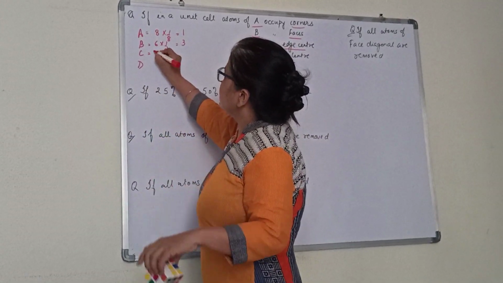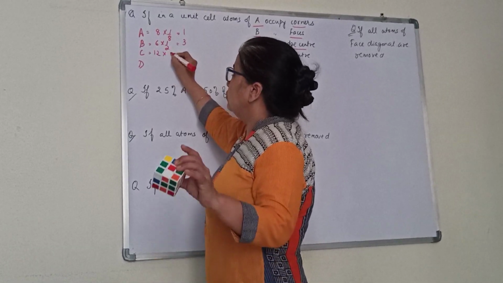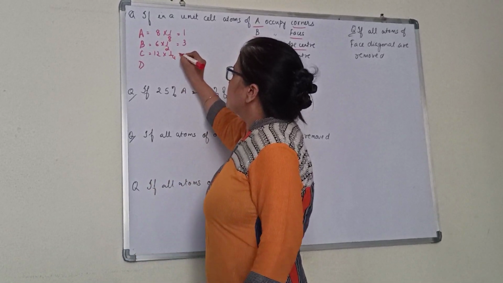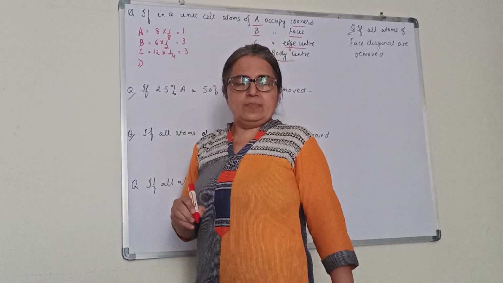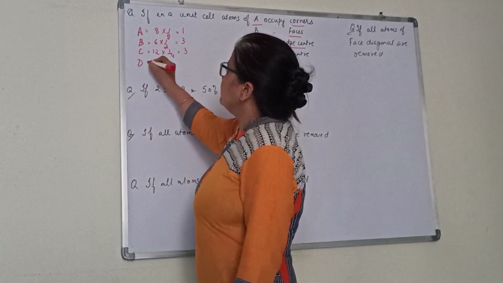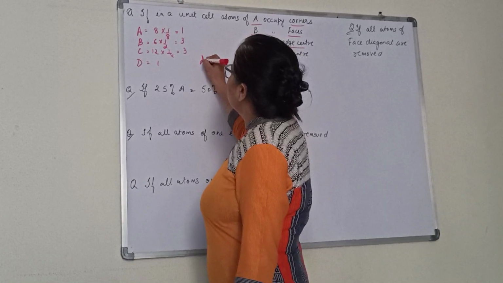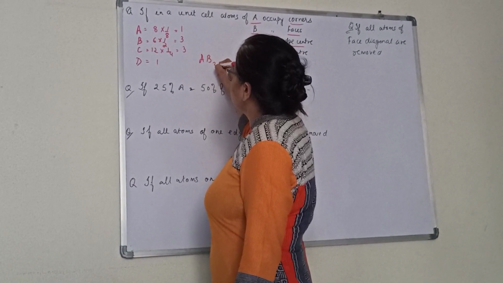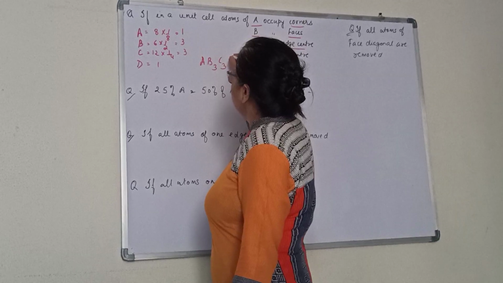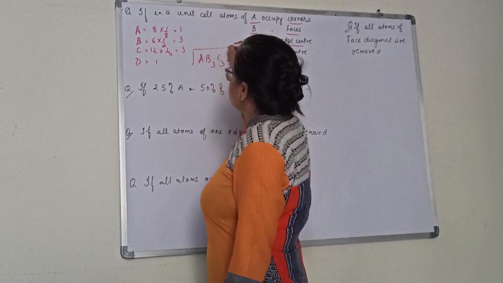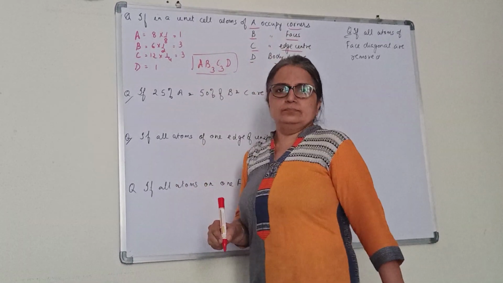Each edge contributes 1 by 4, so you will get this also 3. One body center means 1. So what is the formula now? You have the formula AB3C3. This is the formula of the compound.